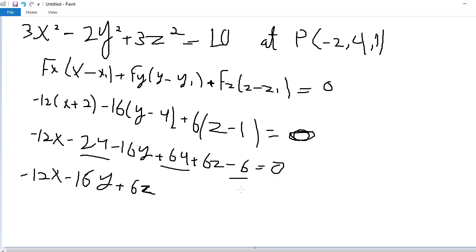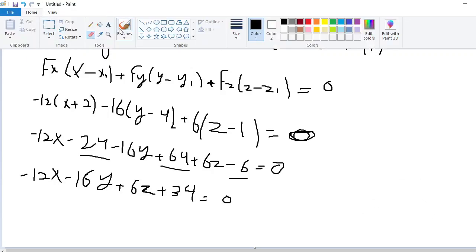Negative 24 with negative 6 is negative 30, and we have here plus 64. So minus 30 plus 64 is going to be positive 34, equal to 0. And this is it. This is the equation of the tangent plane.